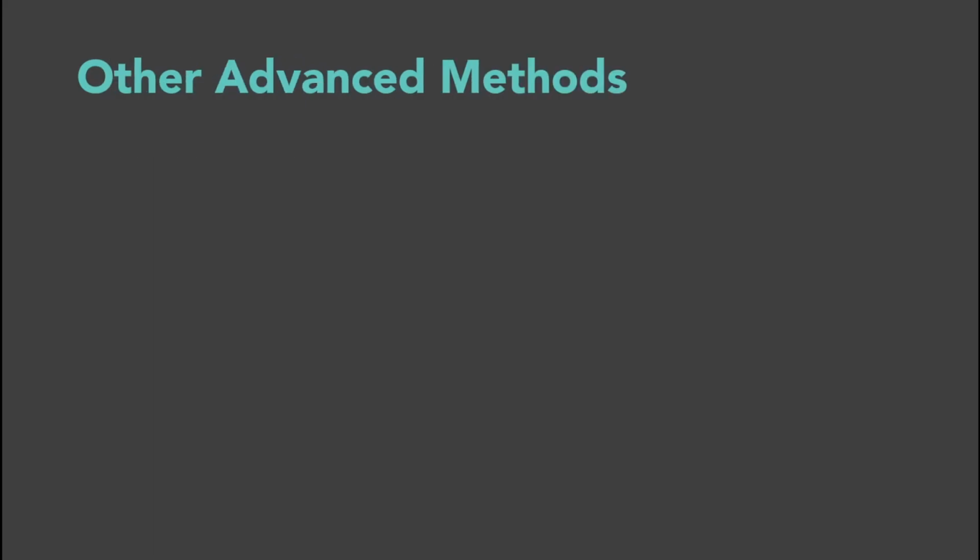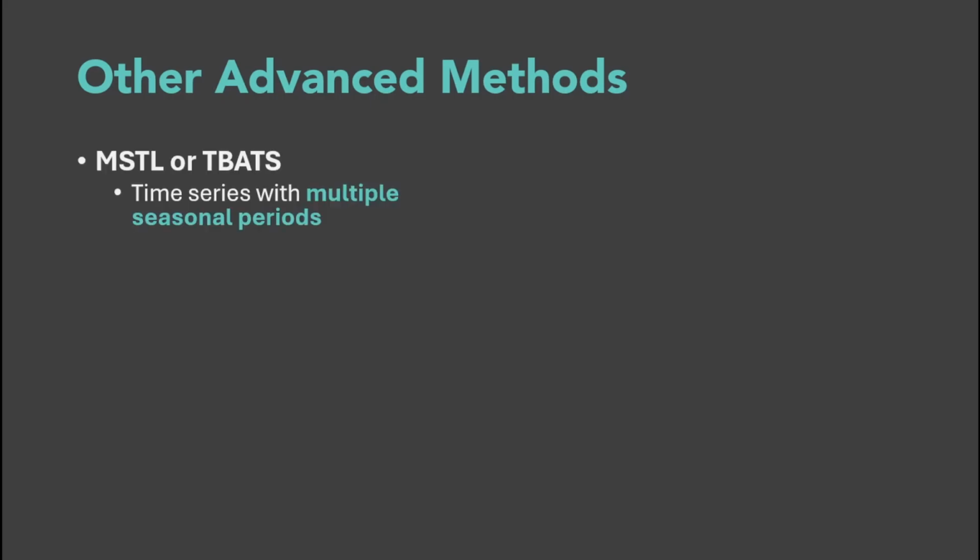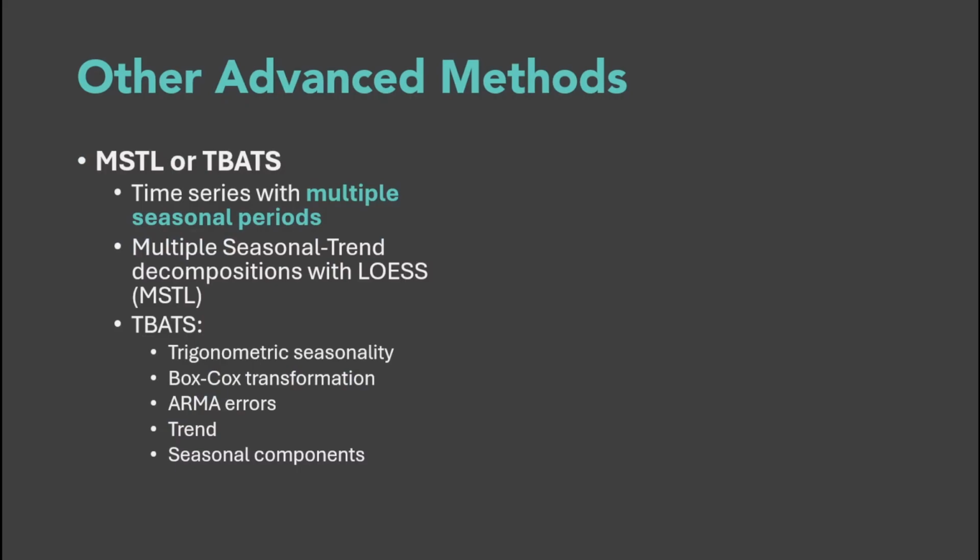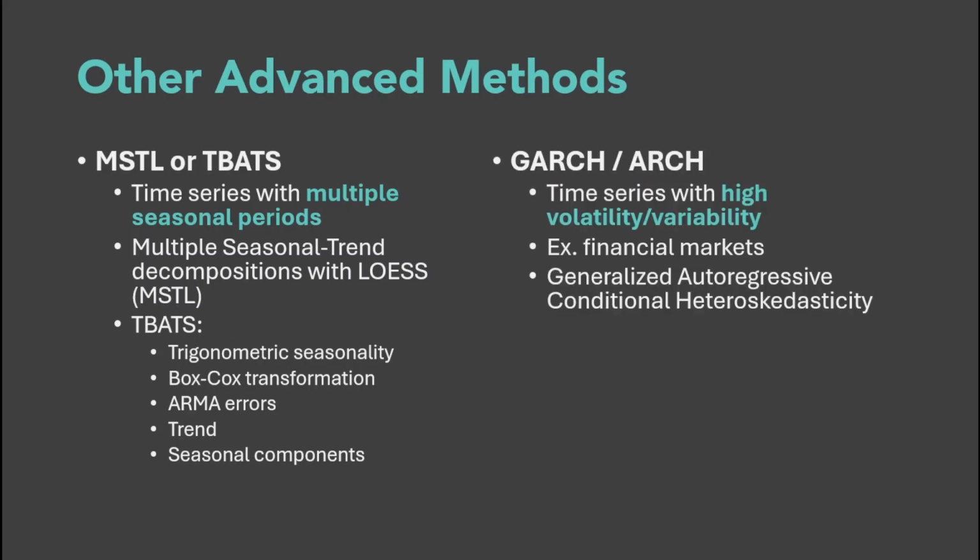There are also a number of related and advanced methods. These methods are specialized for certain situations. For instance, MSTL or TBATS are designed for forecasting time series with multiple seasonalities. The GARCH and ARCH models are tailored for time series with high volatility or variability, such as those in financial markets.